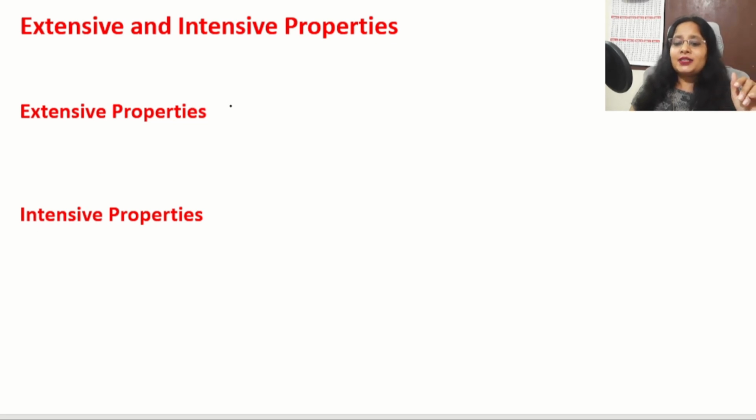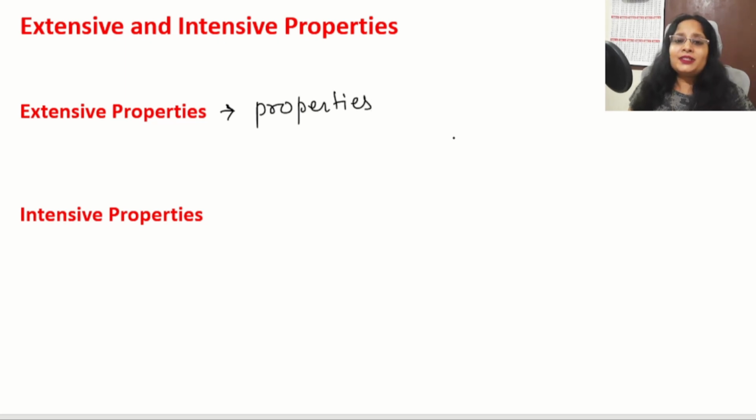Now what is extensive? The properties we can say which depends on the amount of the matter.